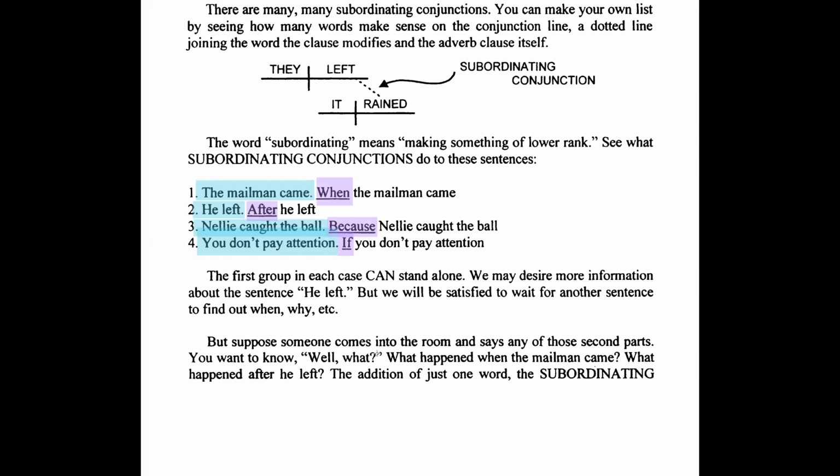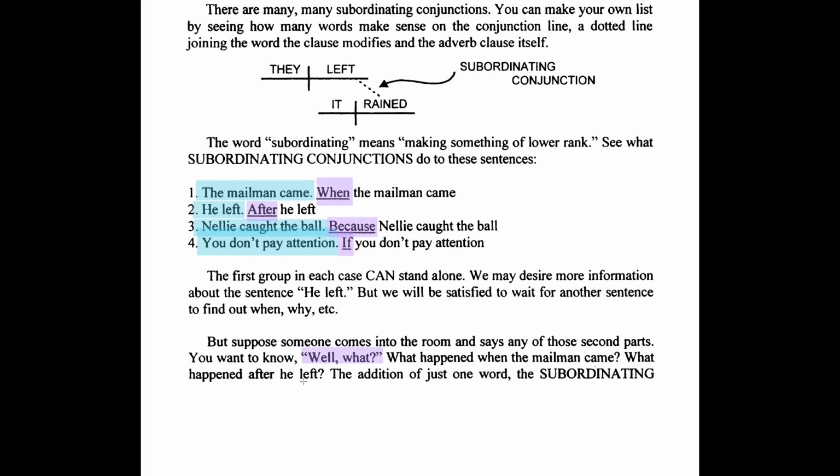But suppose someone comes into the room and says any of those second parts. You want to know, well, what? And so this is key. You are waiting for something when someone says, when the mailman came, after he left, because Nellie caught the ball, if you don't pay attention.